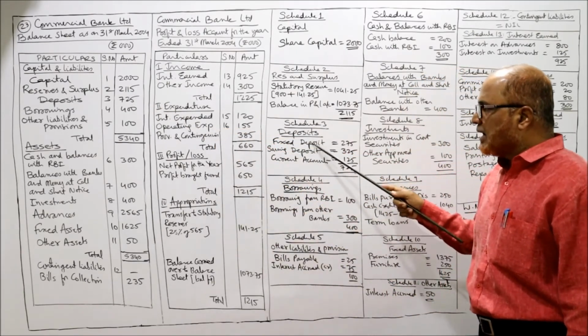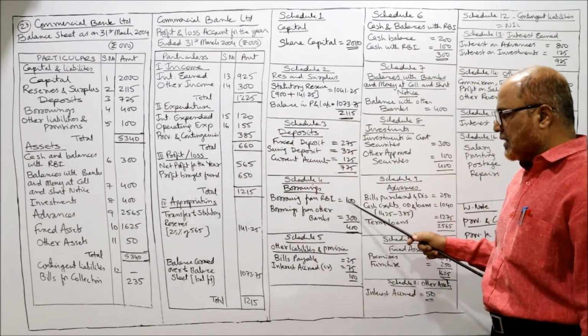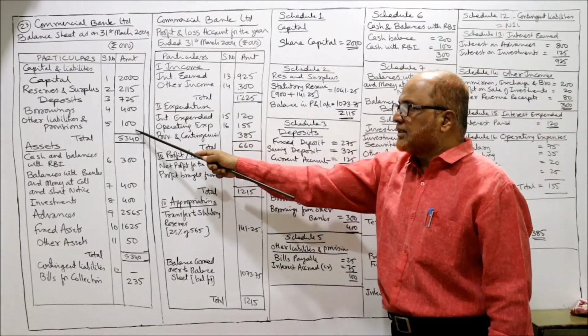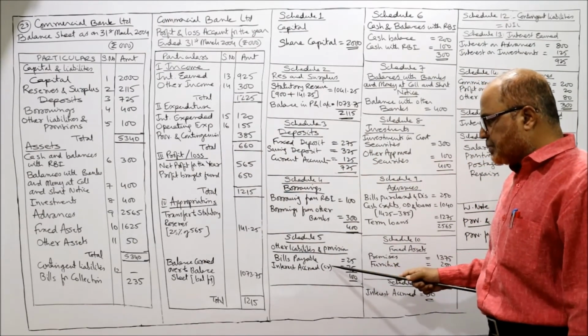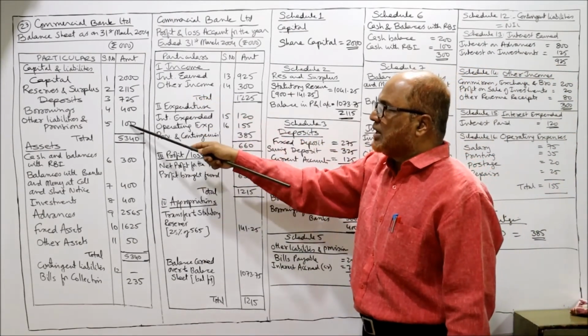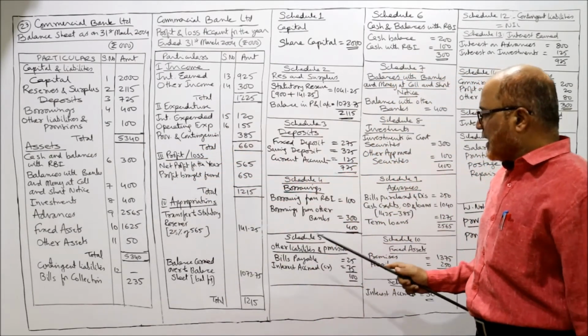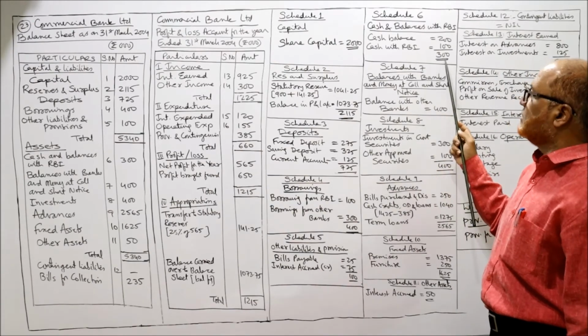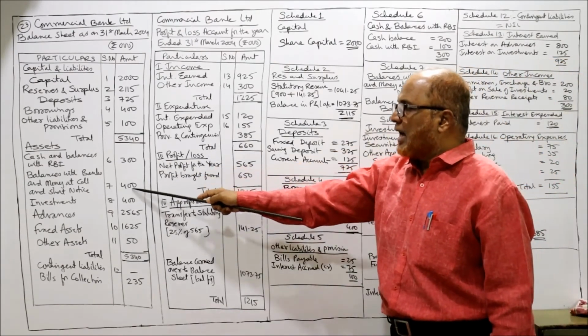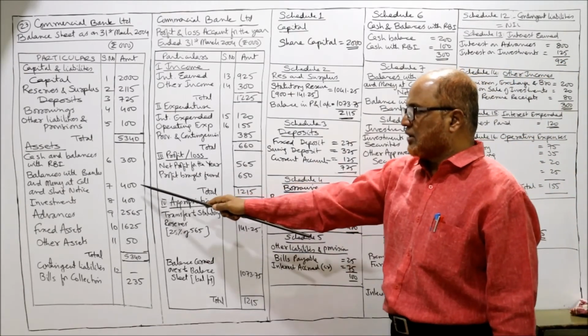Now deposits, add up all the different types of deposits, 725. Borrowings, two borrowings are there, add up 400. Other liabilities and provisions, we have bills payable and accrued interest, 100. That's all. So liability side tallied. Now asset side, sixth schedule, cash and balances with RBI, 300, here 300. Balances with other banks, money at call, short notice, 400, here I have taken.